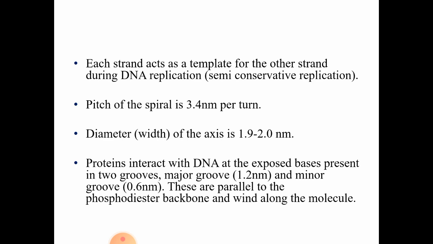The diameter or the width of the axis is 1.9 to 2 nanometers. Then proteins interact with DNA at the exposed bases present in two grooves, the major groove and the minor groove. These are parallel to the phosphodiester backbone and wind along the molecule.